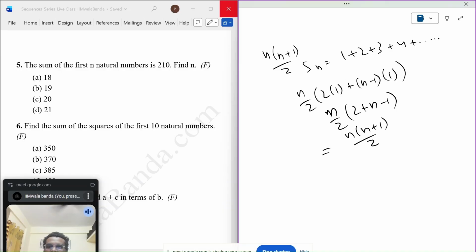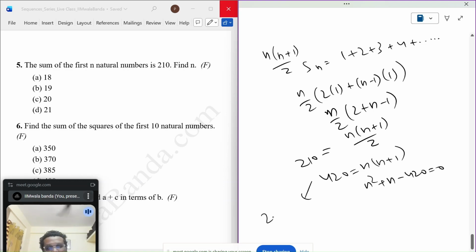Now it is saying that the sum is 210, and if it is 210, then what is that n? What is the nth term till which the sum is 210? Again, this will become 420. This is n into n plus 1. You can make a quadratic, or you can also try to see it in factors. 2 into 210, or 2 into 2 into 105, or 2 into 2 into 5 into 21.